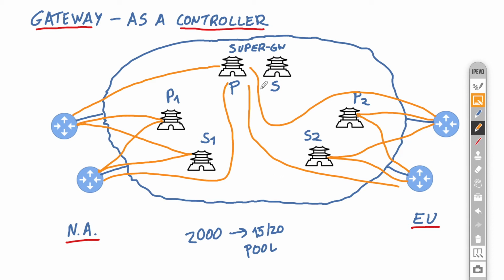Now, if you go for the hosted model and you allow VMware to host the gateways, there is no way you can choose a certain gateway as primary and secondary. That's done automatically. However, you can always talk to the operator to choose the super gateway based on how your estate looks like in the long run.